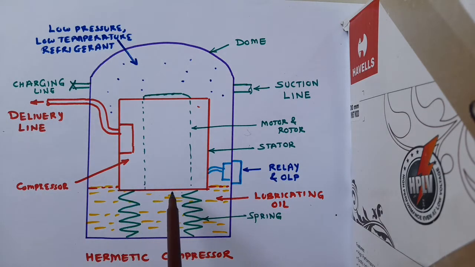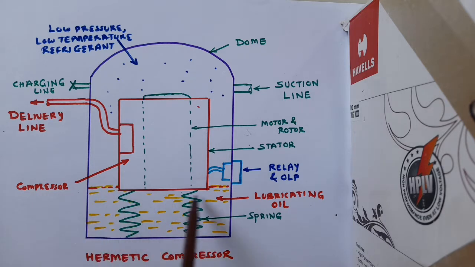Now this entire motor and compressor assembly is mounted using springs. Two springs have been shown here, and the model which we are going to study after this will have 4 springs. So it's mounted on 4 springs. Springs help in reducing the vibrations transmitted to the body of the compressor, and this consequently reduces the noise.